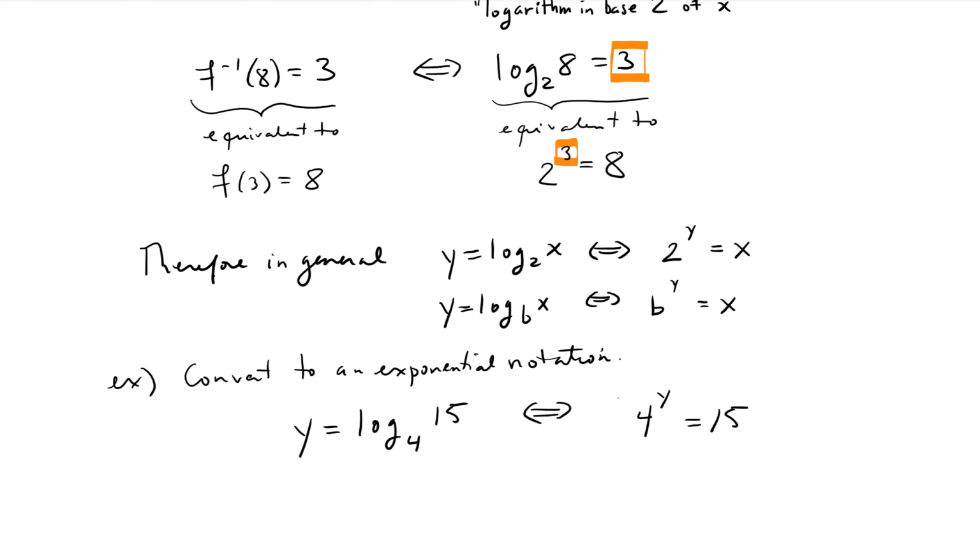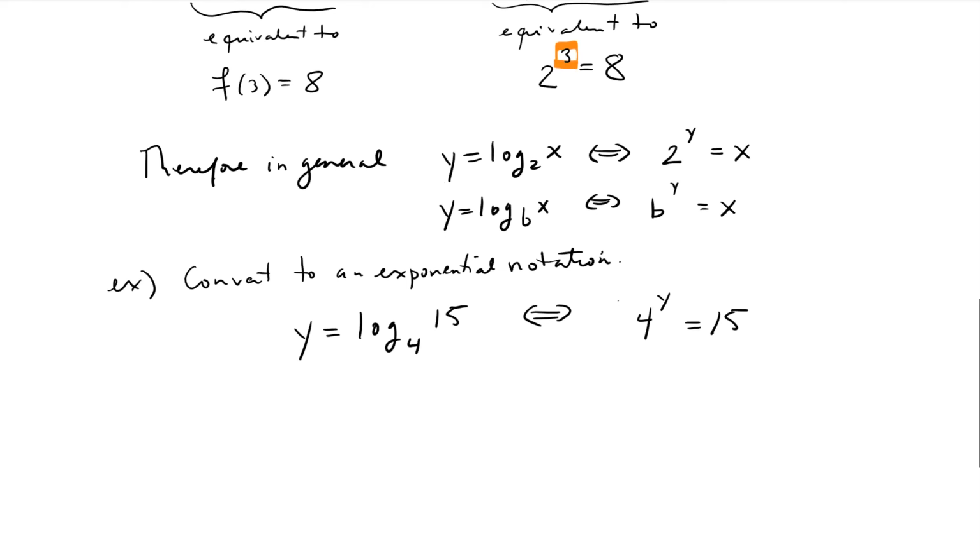And vice versa. I could convert an exponential equation to a logarithmic equation. So convert to a logarithmic equation, and let's say I have 2 to the x equals p.